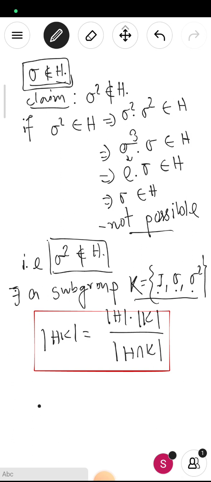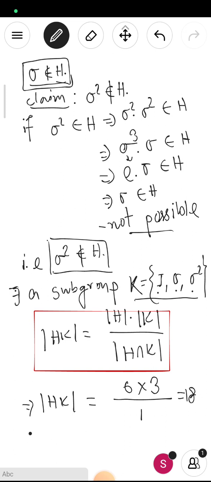So that implies the order of HK equals the order of H, which we already assumed is 6, times the order of K, which has 3 elements, so 3, divided by, we already proved that sigma doesn't belong to H and sigma square doesn't belong to H, so these two subgroups are different, so the intersection will be identity, that is 1. So this is equal to 18. So from here we get that the order of HK equals 18.